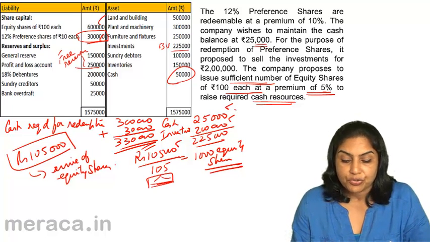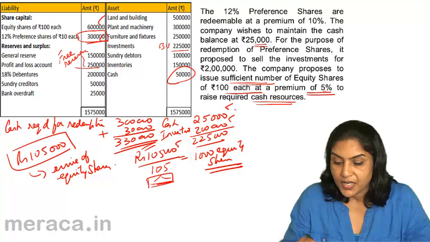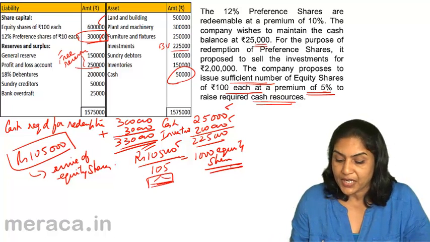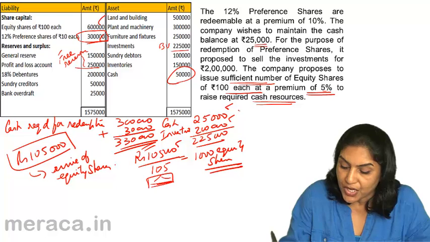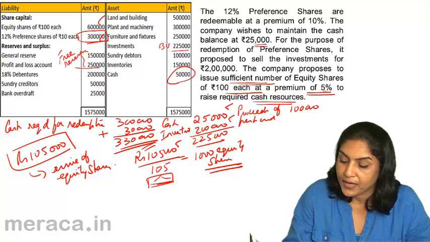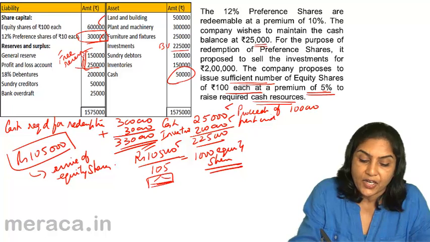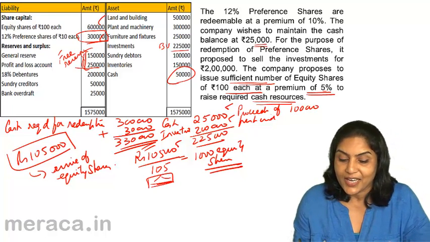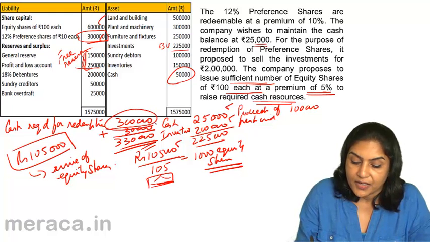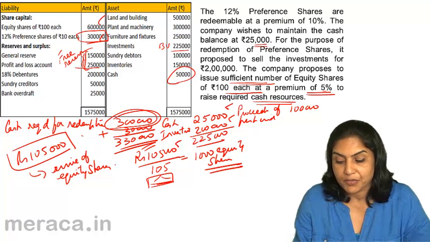Of course, we need to ensure that we have enough free reserves. If we issue 1,000 equity shares, the proceeds of fresh issue is actually 1 lakh. And we have free reserves of 1,50,000 and 2,50,000 here. So there is enough to cover the 3 lakh face value of preference shares to be redeemed.